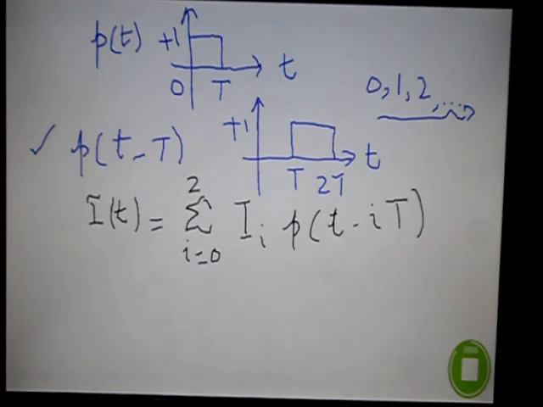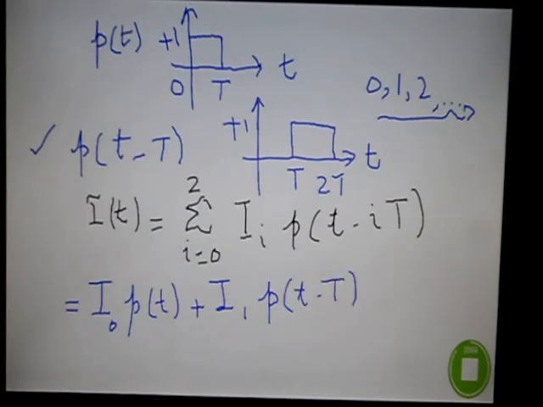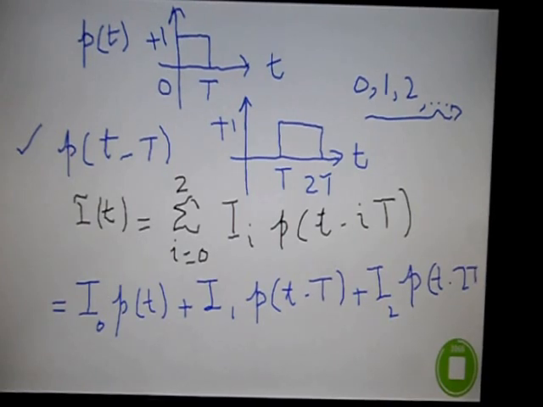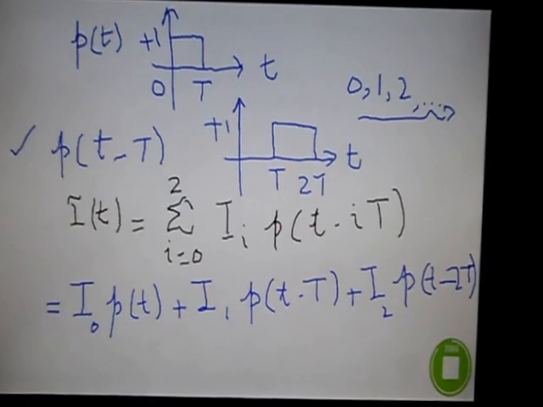Now if I open this summation, how would it look? It would be I naught p of t plus I1 p of t minus capital T, plus I2 p of t minus 2 times capital T. So the expression would look like this.